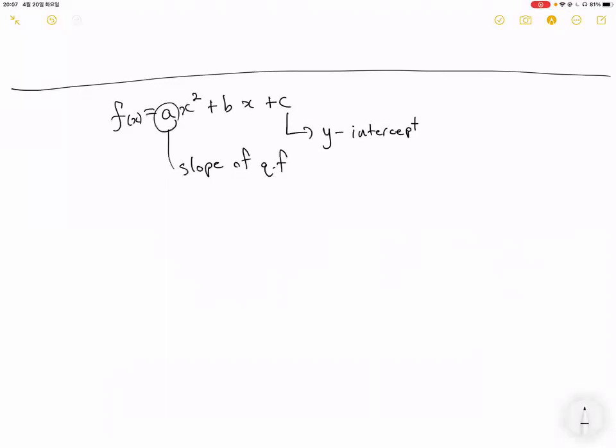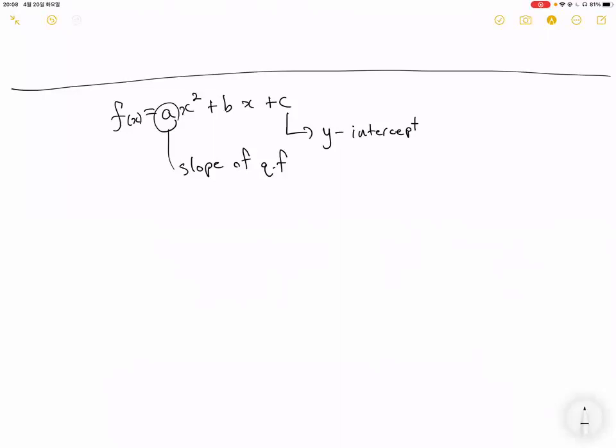I don't really have a word for it. And don't worry about the b, because b doesn't really give you anything that you can use straight away. So if you're asked to graph this in an xy plane, you would look out for the y-intercept, and then also the slope of the quadratic function.